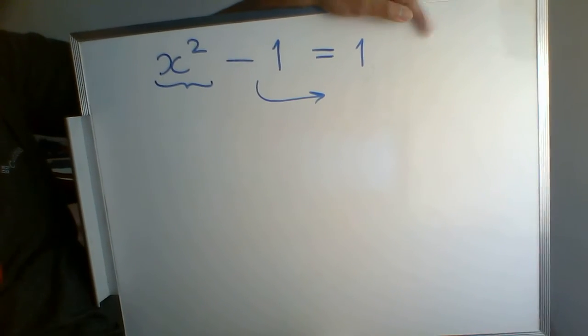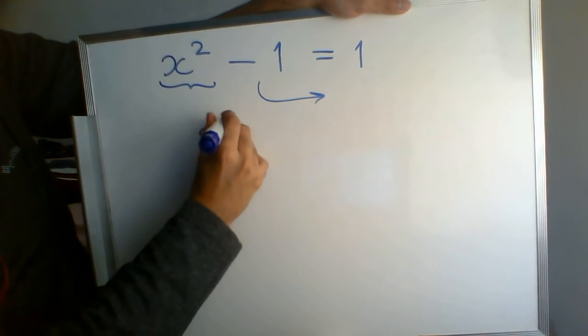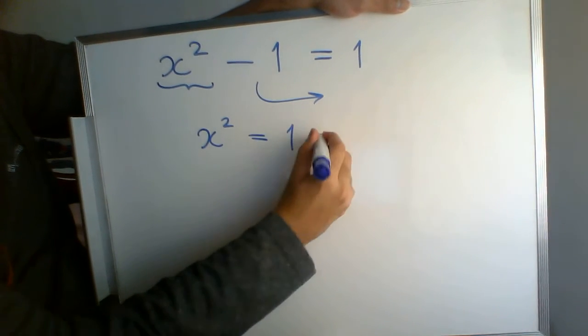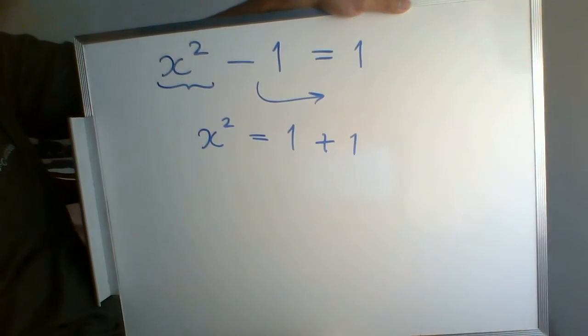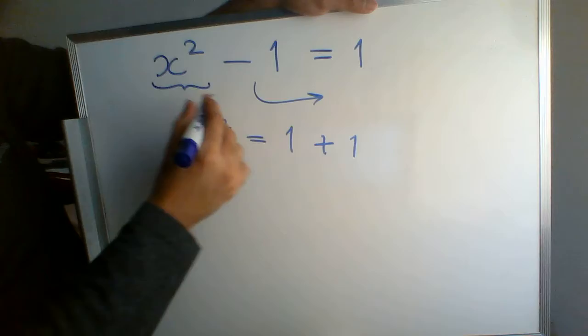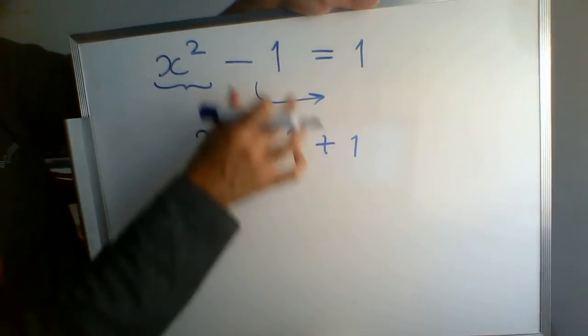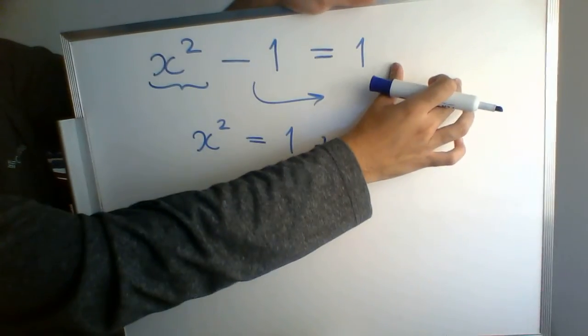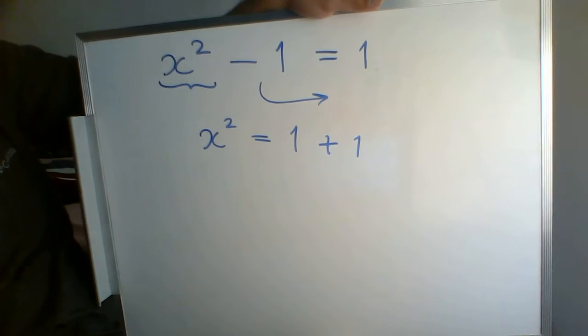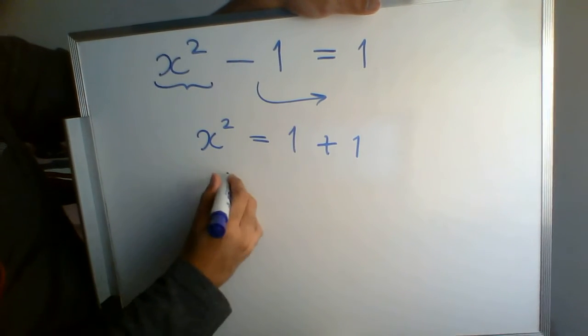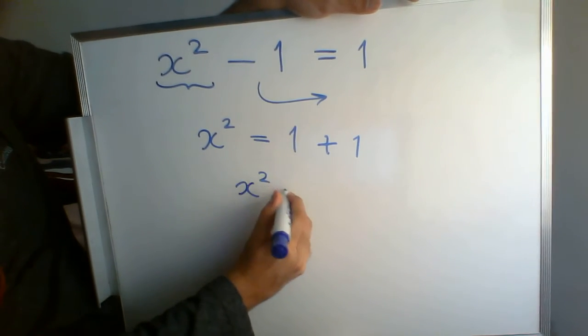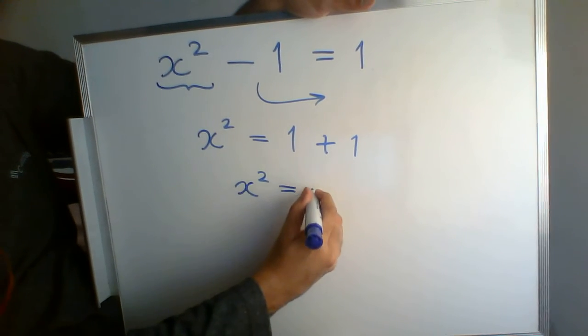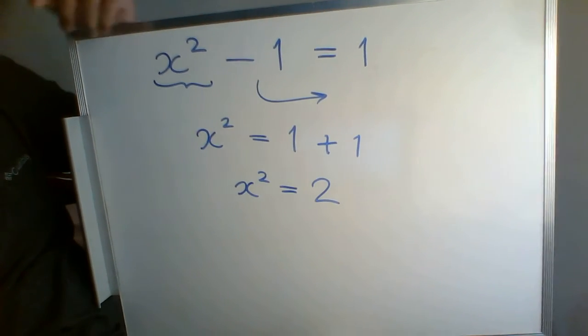So we'll move it over to the other side. We'll be left with x squared is equal to 1 plus 1. We could think of it as adding 1 to both sides, or taking this negative 1 and when we move it over there, we switch the operation from subtraction to addition. But however you like to think about it, we'll end up getting that x squared is equal to 2.